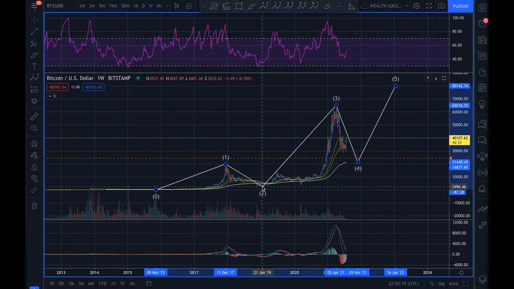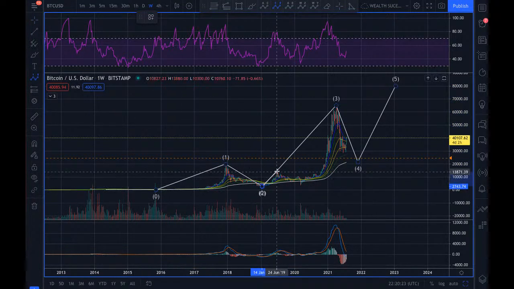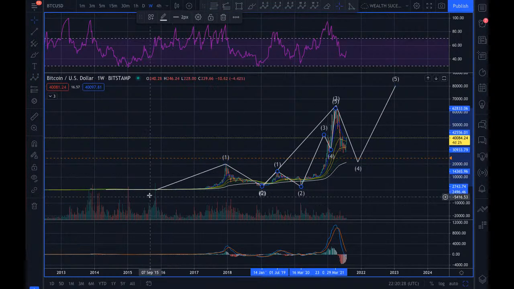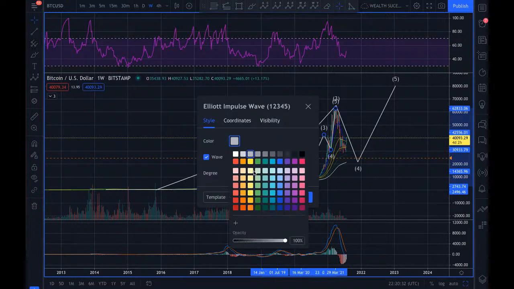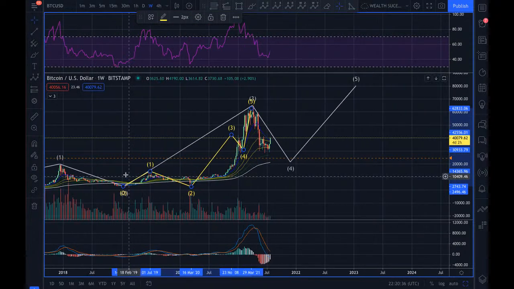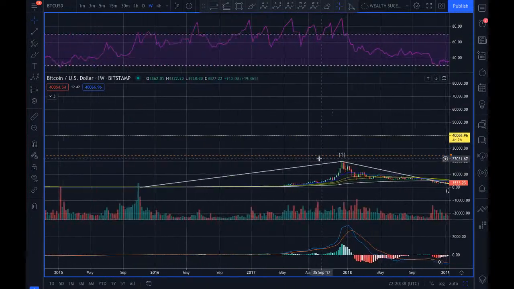This might have been the bottom of that. Because this subwave looks like this. So the subwaves, there would have been subwaves in here.